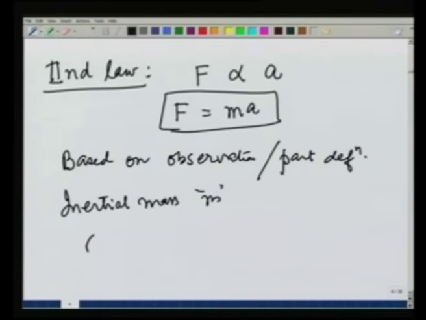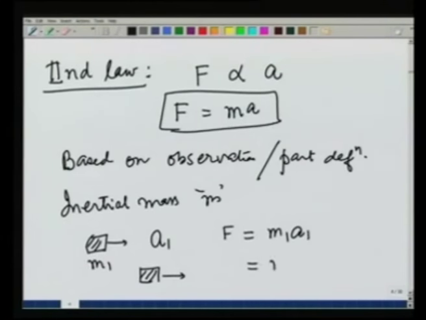Suppose I take a standard body, apply a force on it and produce an acceleration a1. So, that F equals m1 a1, and I take another body, apply the same force on it, maybe by a spring, maybe by hitting it or something, and find that acceleration is a2.